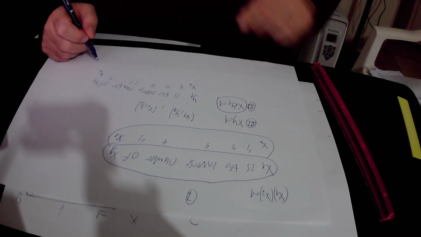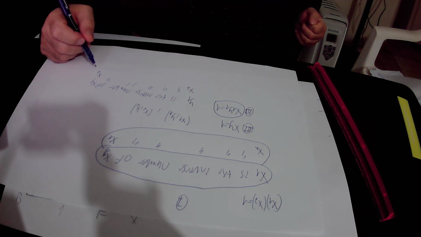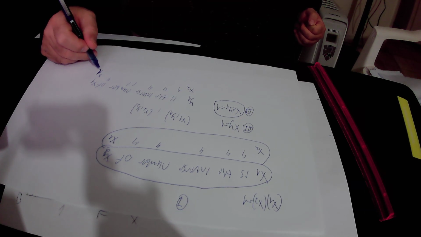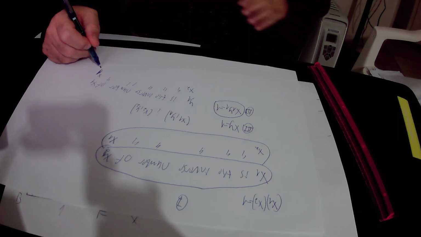And as I have already told you, every number has only one inverse number. It is impossible that two different numbers will be the inverse numbers of a specific number. Okay?